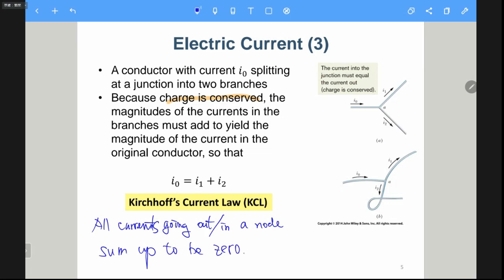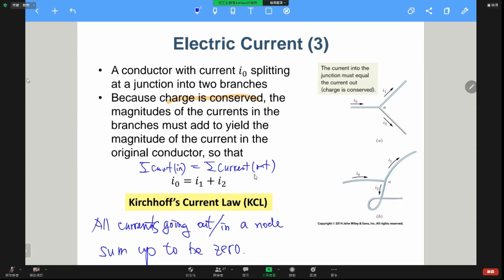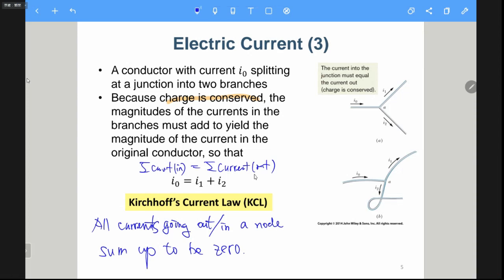Because if you consider the sum of the currents in and the sum of the currents out, then you need to distinguish which one to put on the left hand side and which one on the right hand side. Then you'll probably have more chances of an incorrect sign, or incorrect minus 1, something like that. But my habit is to just keep all of them.